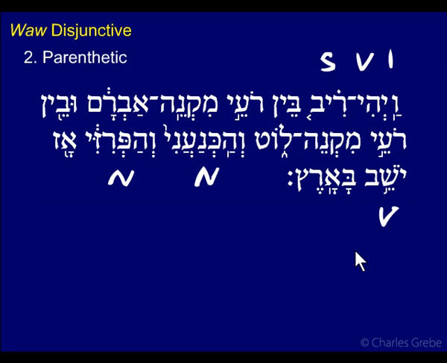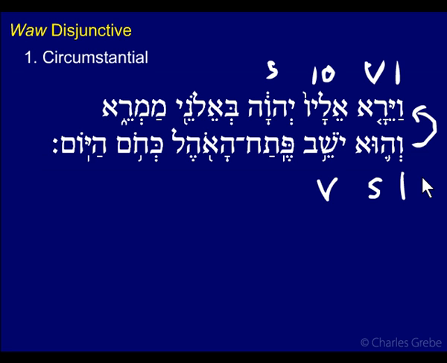But it's a bit more distant. It's not directly modifying this clause. Unlike the Abraham one, which tells us Abraham was sitting at the entrance of his tent when the Lord appeared to him. The Lord appeared to him when or where? What was he doing? Well, this modifies directly.